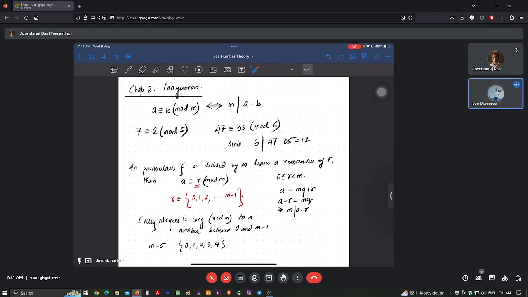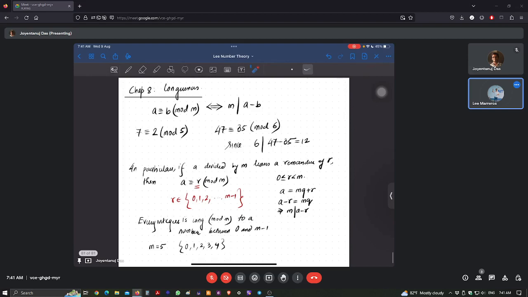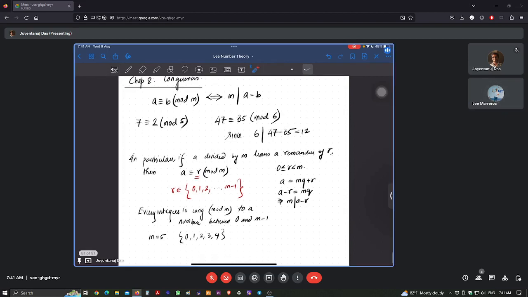So you're saying any number is congruent to 0, 1, 2, 3, 4, and 5? No. When I'm taking M equals 5, then any integer is congruent to any one of these elements: 0, 1, 2, 3, and 4.